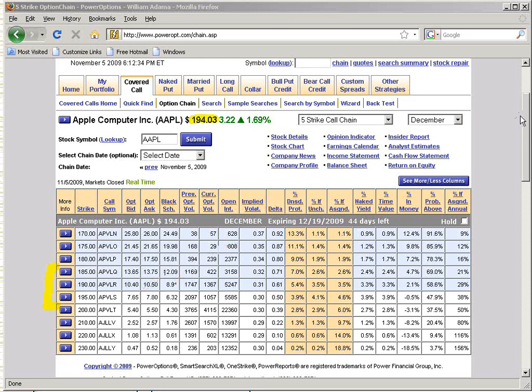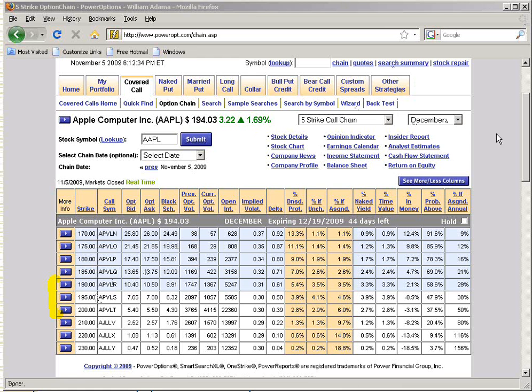I'm going to focus on a different block here. I'm going to focus on the 190, 195, and the 200. That's what I wanted to say. And we're going to just assume the stock's at 194, but we're going to use the 195 as our at-the-money example. It's close enough to the stock price. It's the strike closest to the stock price. Even though it's $1 out of the money, we're going to refer to that as our at-the-money position.